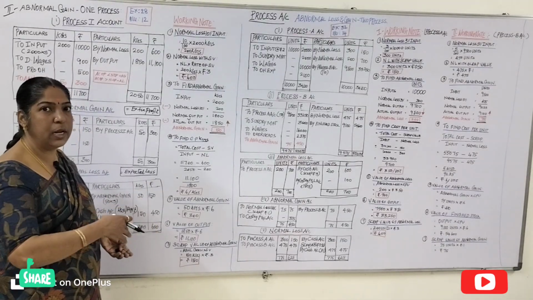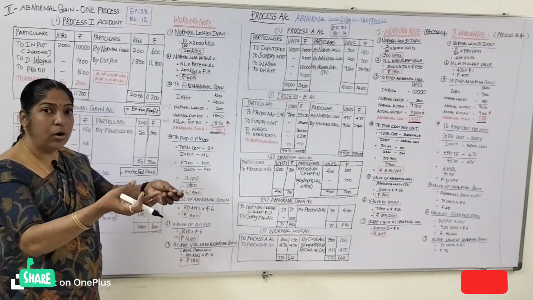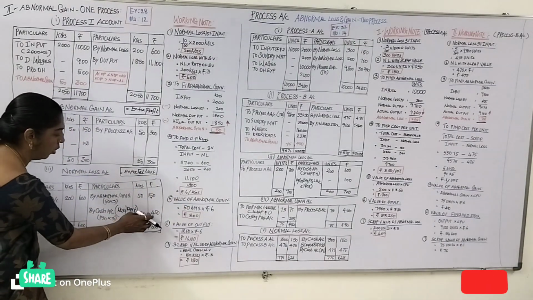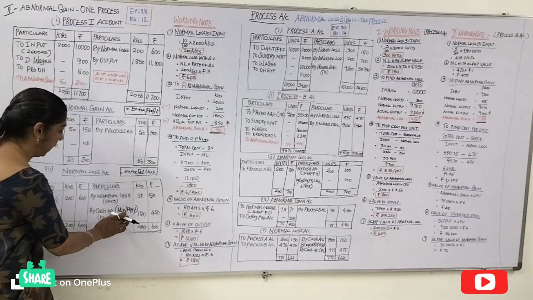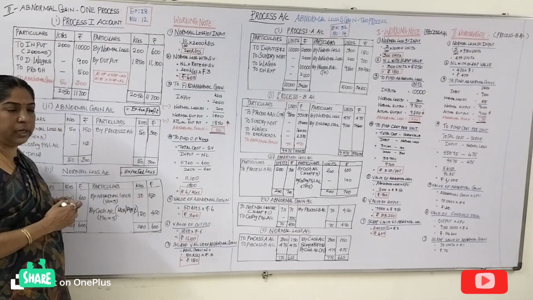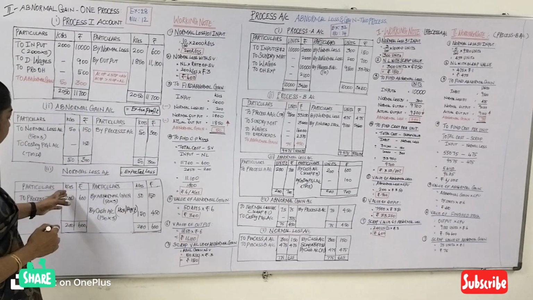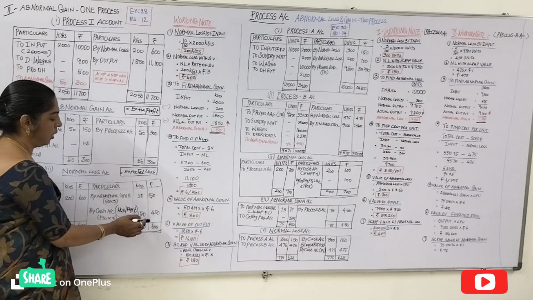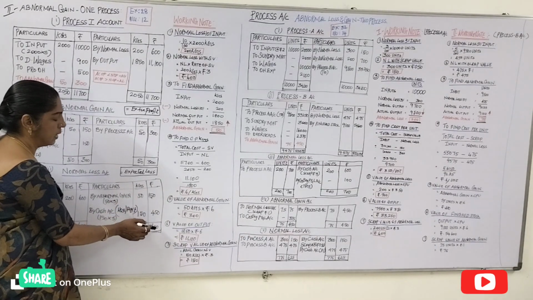That real profit, while selling those goods, you received the cash. How much? 150 into 3, you got 450 rupees. This is the real profit. Got it? So these are the sums. After adding the total: 200 kgs, 600 rupees; 150 plus 50 is 200; 450 plus 150 is 600 rupees.